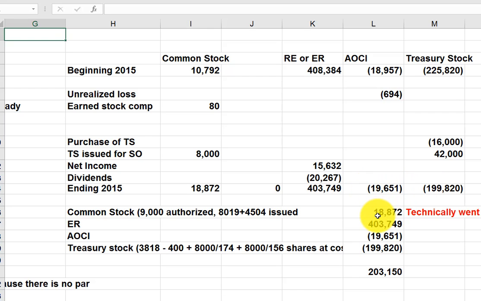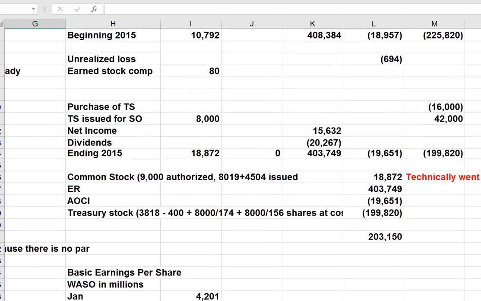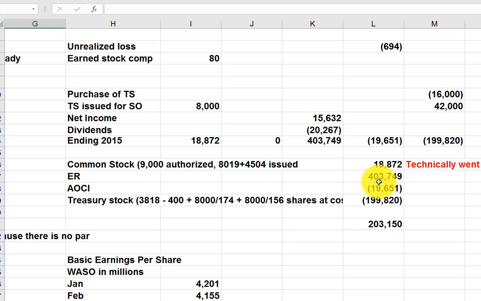And you've got your ending balances that come down to the equity section of the balance sheet. The numbers just come down exactly, and then I put what you would have for your different descriptions. Now, technically, we went over our authorized shares when we did the stock split, but if you were concerned about that, that's fine, but we'll let that slide for now.